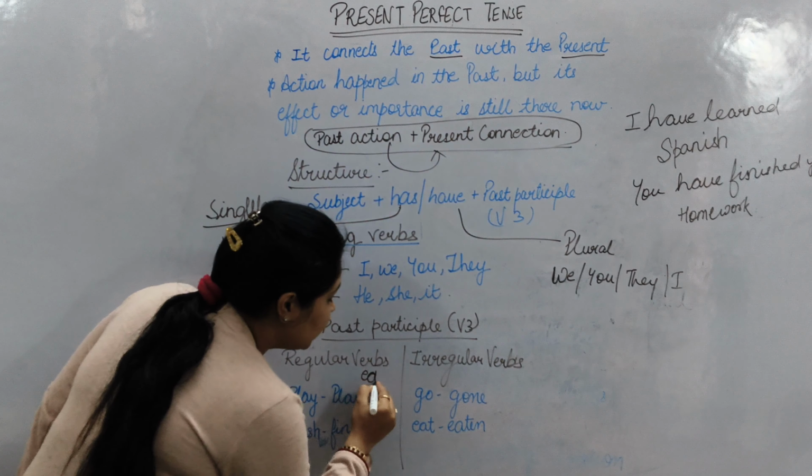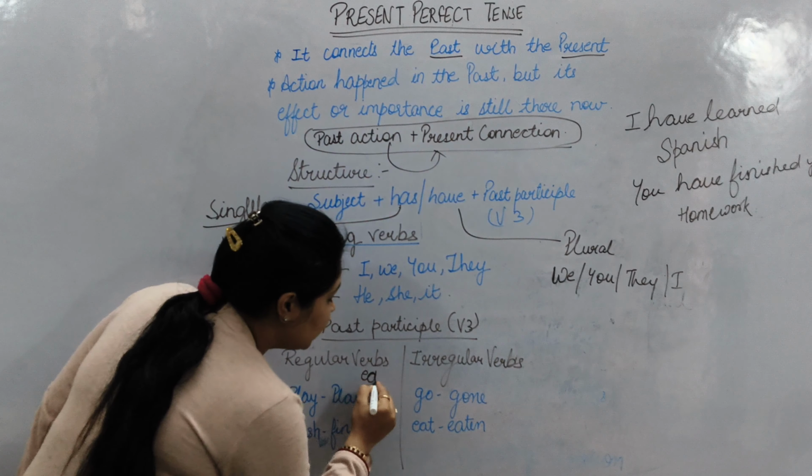Finish, we added ed, becomes the third form. Now irregular verbs, in this we have to change everything. Like go, we can't add G-O-E-D, we can't add. So what we did? Gone. Go, gone. Eat, eaten, like this.